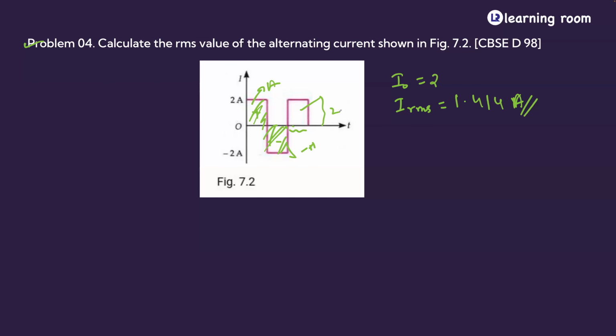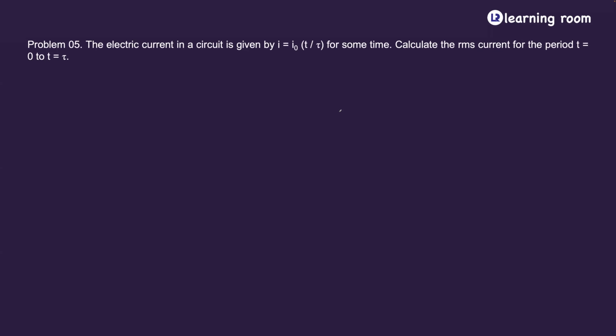Area divided by total time. So total time is 0 to wherever you take it. But I explained it in the previous class video. I told what is the reason, where to use discrete and where to use integration.